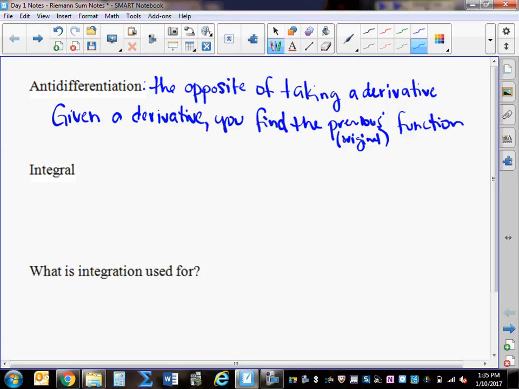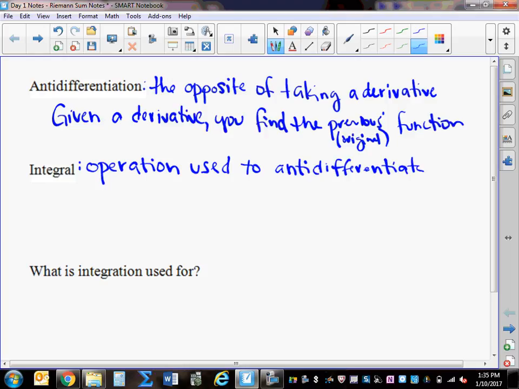All right, now your integral is the operation used to anti-differentiate. And you'll see the word integrate. You integrate a function, which is the same thing as anti-differentiating.